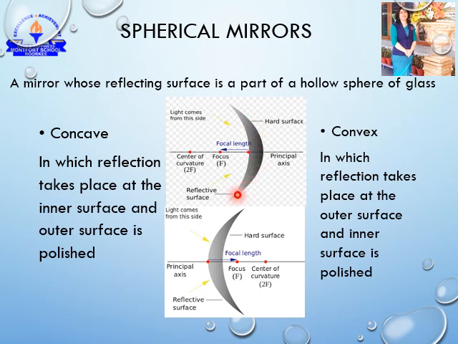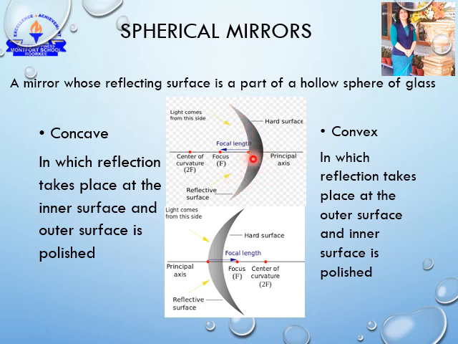So what happens? The inner surface of this glass becomes the reflecting surface and the outer surface of this piece becomes the polished surface. Now, this whole thing will act as a mirror. What type of mirror? Concave mirror.